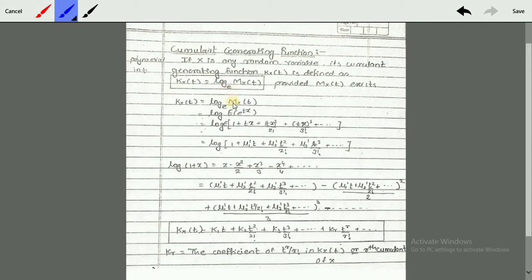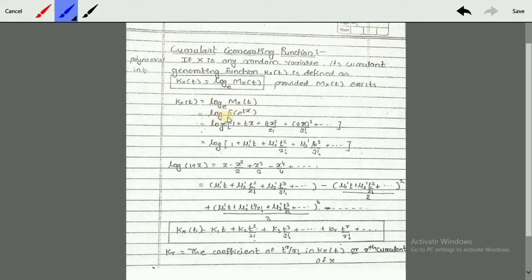Now we know, we have done what is Mx(t) and how it can be expressed. So we will go further and find the expression for Kx(t). So Kx(t) is equal to log of Mx(t), and we know that Mx(t) can be expressed as expectation of e raised to tx.